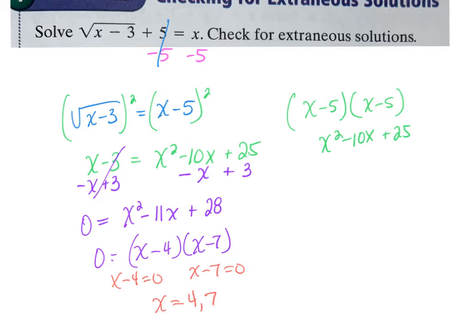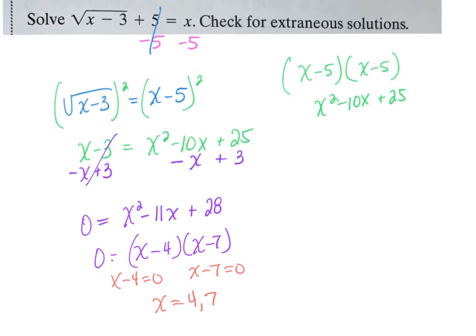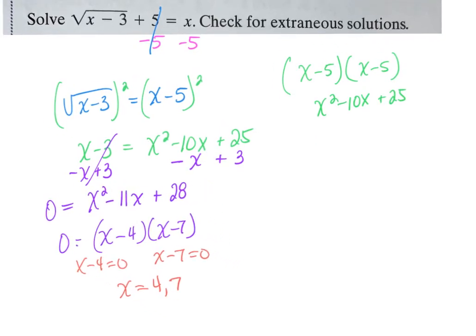Anytime you have an x outside of the radical as well, you must check your answers, okay? So I'm going to plug them back into my original equation, plugging in my 4 and 7. I'm going to say the square root of 4 minus 3 plus 5 equals 4.